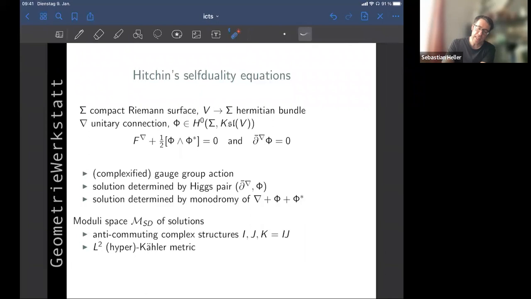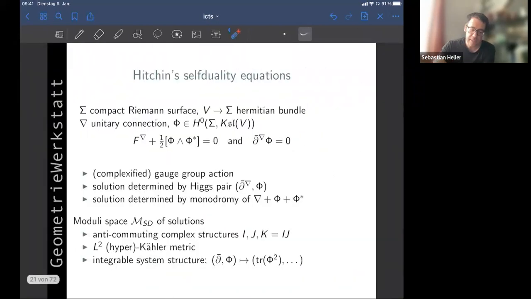And additionally, what we also get is some integrable system structure for the complex structure I. If we look at the Higgs field, we forget about the Hermitian metric. We can compute the invariants of the Higgs field phi, so traces and higher order traces. And this turns out to be an integrable system structure on this moduli space of solutions of the self-duality equations.